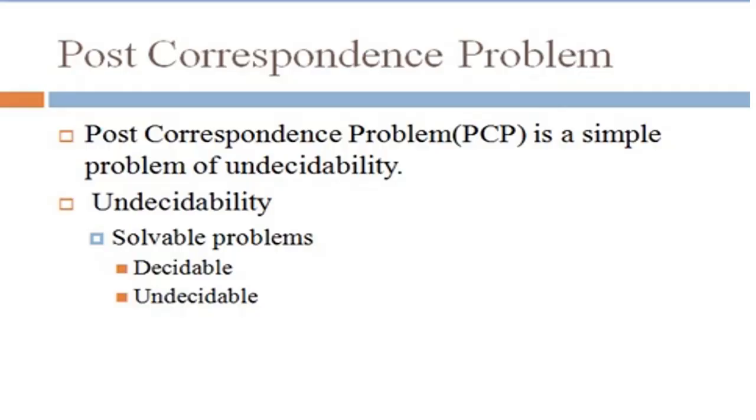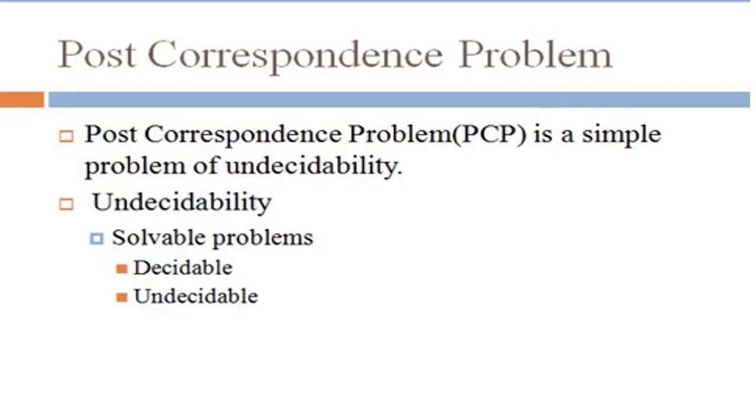Every problem given to computer systems is divided into two kinds, those that are solvable and those that are not solvable. Solvable problems are those where, when given to the Turing machine, that is our computer system, the Turing machine halts.